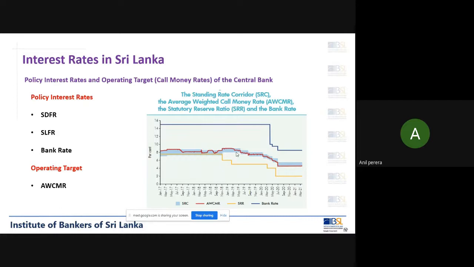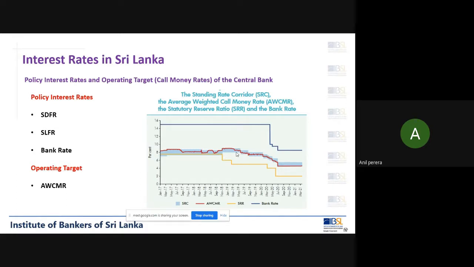I also mentioned to you the central bank is having a few key interest rates, which we refer to as policy interest rates.